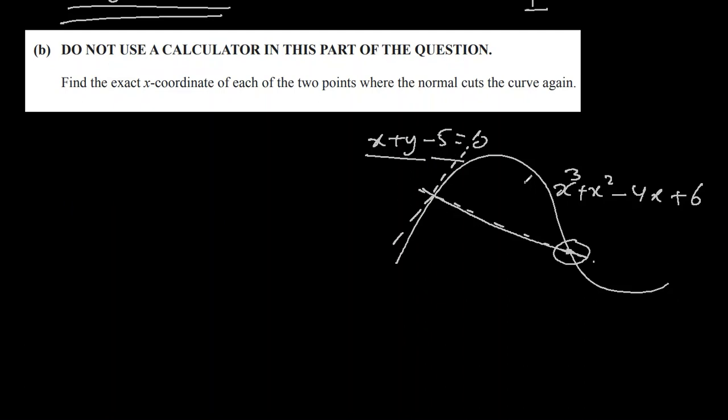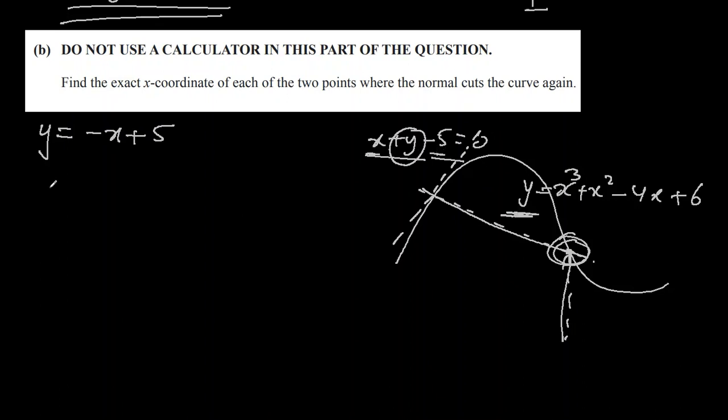So what can we do? Let's isolate y in this equation and substitute in place of this y, because at this point both of them have the same y, whatever that is. So I'm isolating y. So y will be minus x plus 5, right? If I put x and minus 5 on the other side.